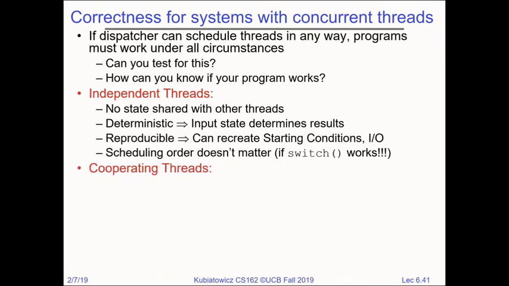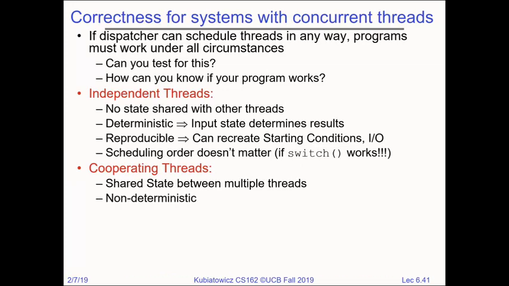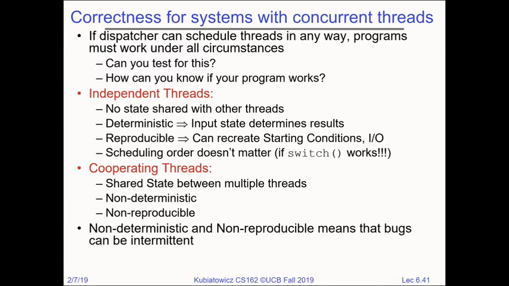Threads are cooperating, with shared state between multiple threads: non-deterministic, non-reproducible, non-functional. Non-deterministic and non-reproducible means that bugs can be intermittent. What's our favorite word for that? Anybody know what intermittent bugs are? Think physics.